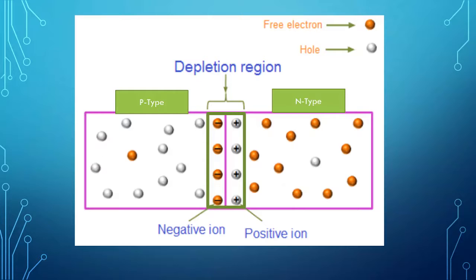It is basically the same thing we studied in the PN junction diode, so the same concept applies here also. We'll see why this depletion region is related to solar power in the next slide.